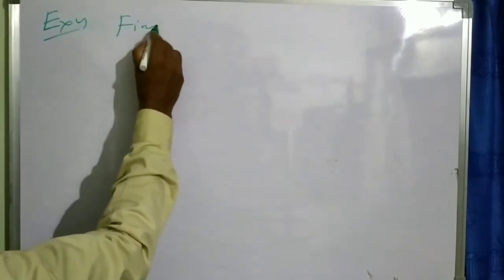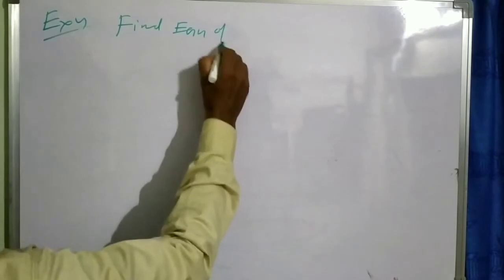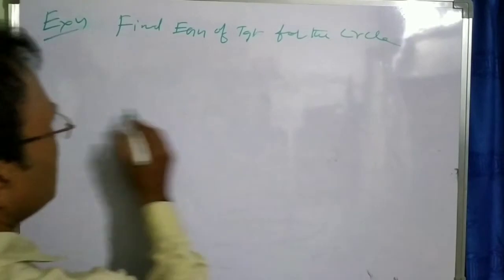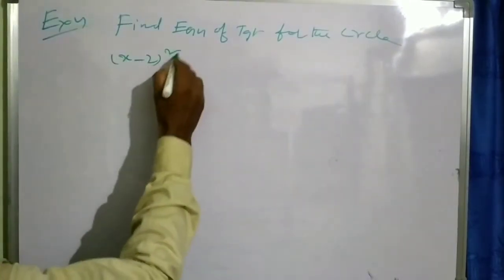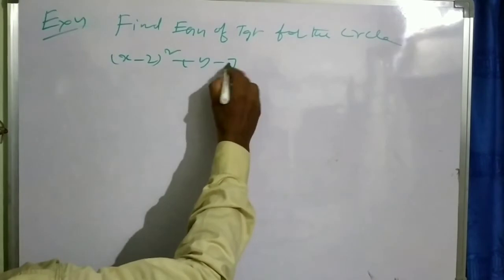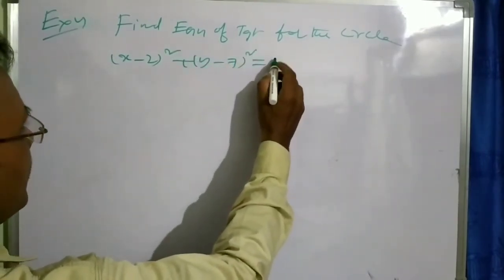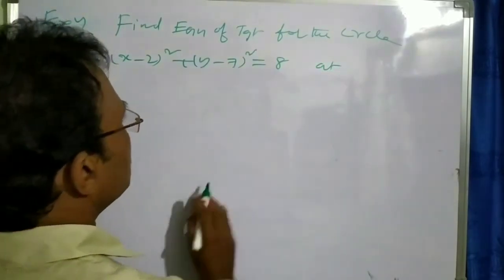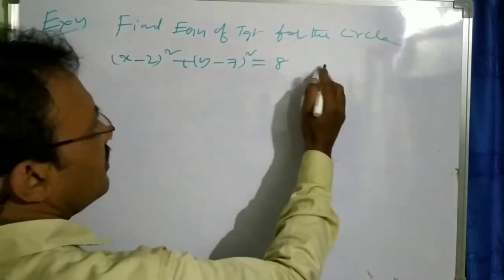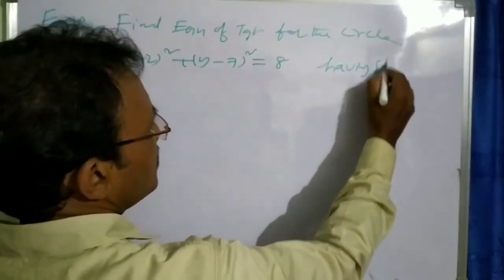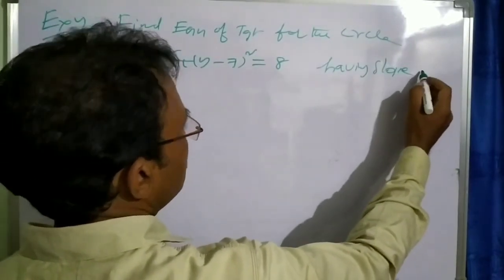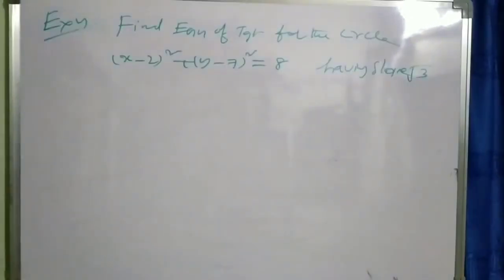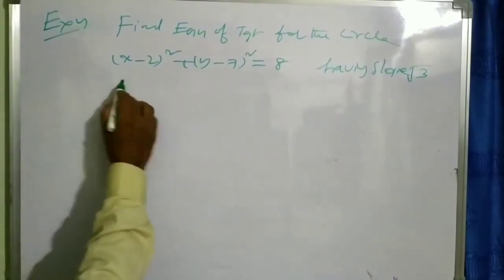Find the equation of the tangent for the circle x minus 2 whole square plus y minus 7 whole square is equal to 8, having a slope root 3. So root 3 is the slope. What is the equation of the tangent for this curve?